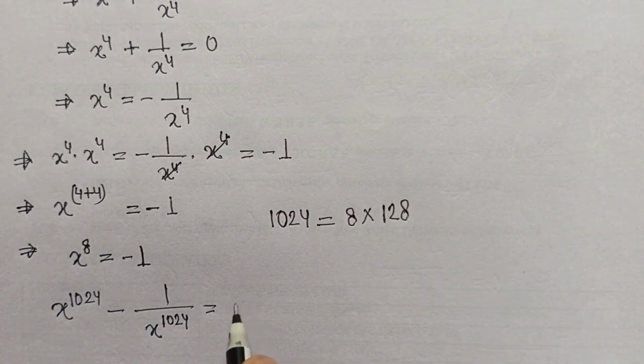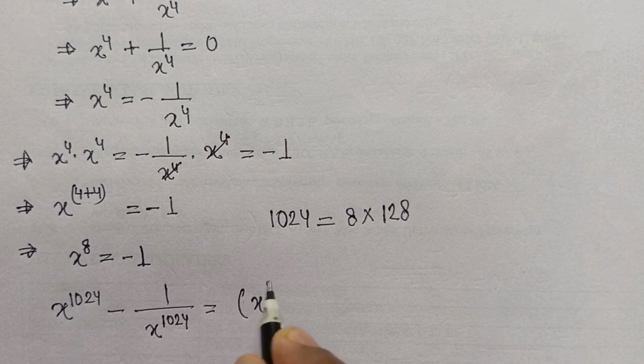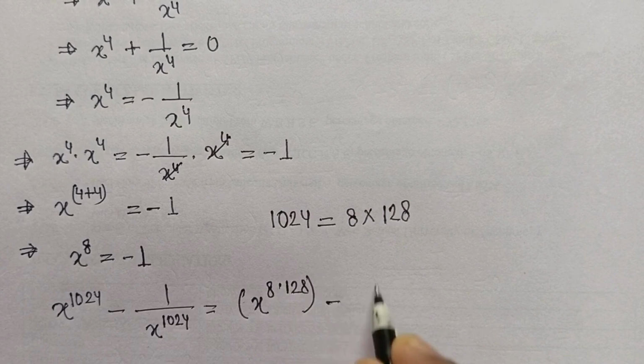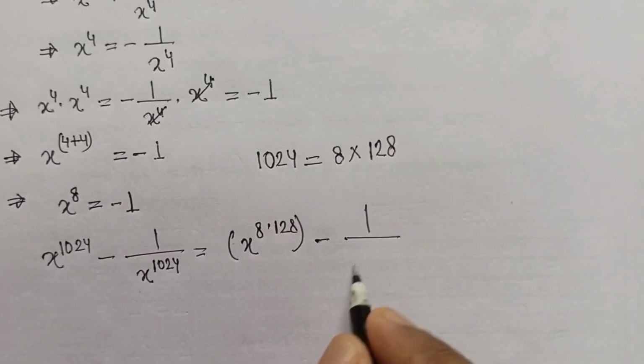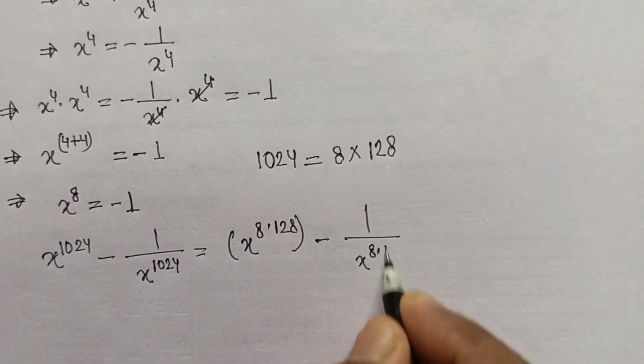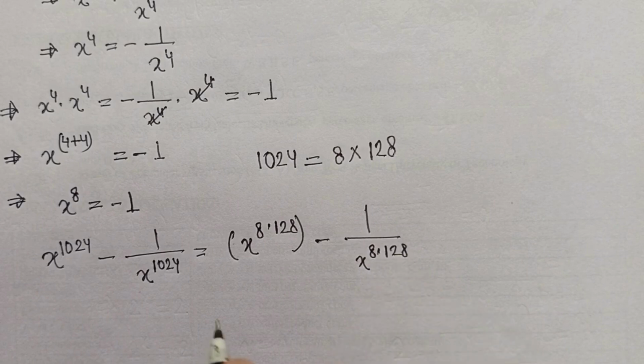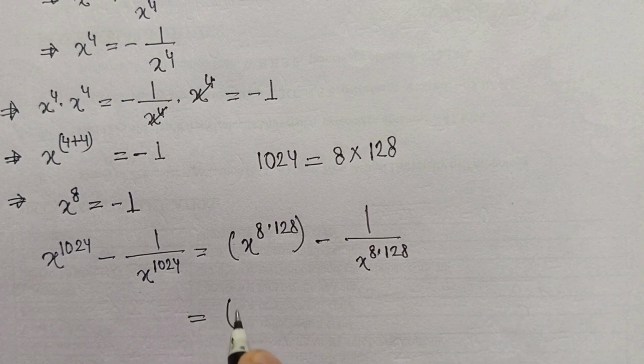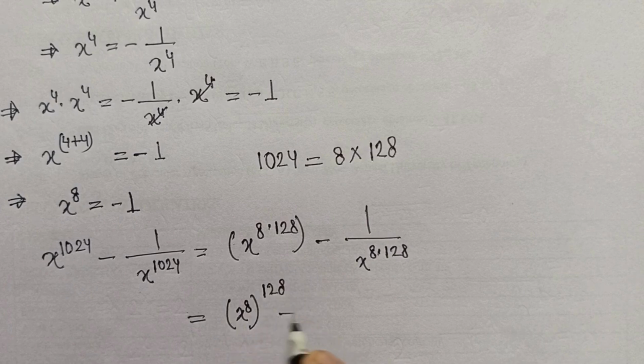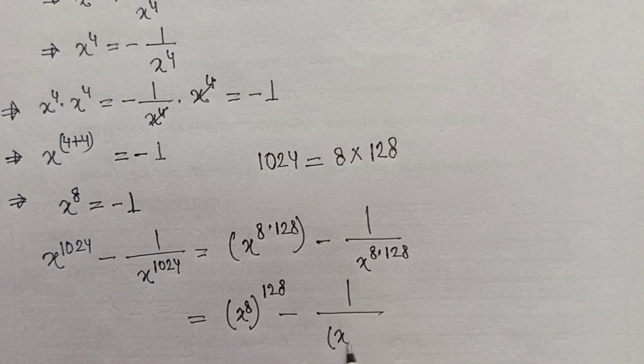So now we can write this like x to the power 8 into 128 minus 1 by x to the power 8 into 128. Now we can write the expression as (x to the power 8) to the power 128 minus 1 by (x to the power 8) to the power 128.